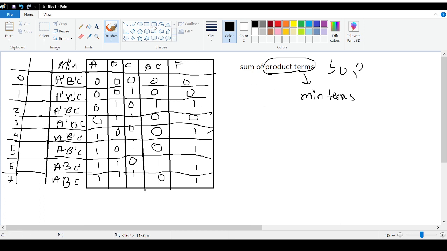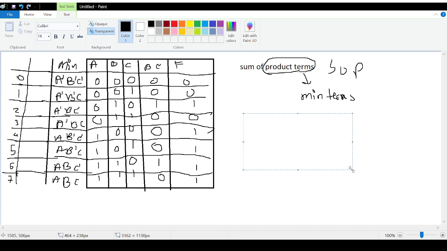Now, if I have to express the equation in terms of SOP, F is a function of A, B, C, and this is how we write it. Sum of product terms: we take those product terms for which the output is 1.